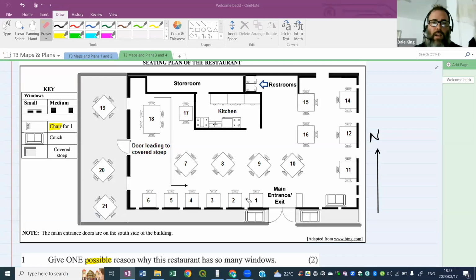I don't think smoking would be allowed inside, so maybe that's a smoking section. Yes, a waiting area. Good. These are all good answers, and you will all get the marks. It's another one of those subjective questions where your opinion gets you the marks. Yes, sitting outside to have a breath of fresh air. Good. As long as your answer is justifiable and makes sense, you will get the marks for this.